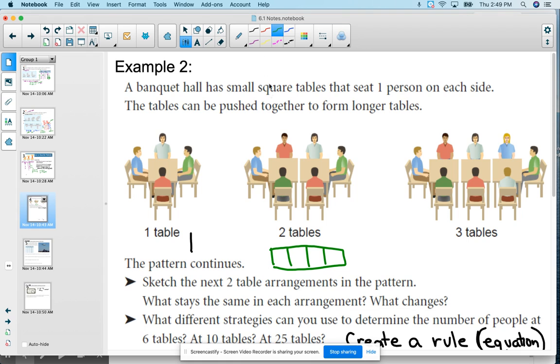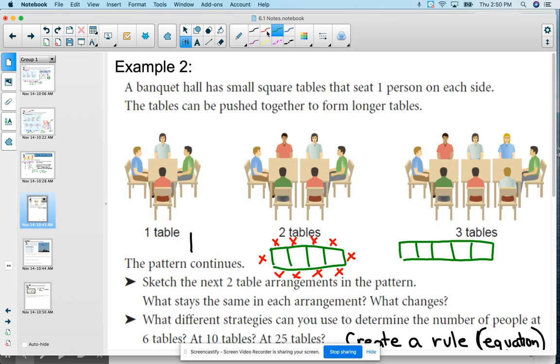That would mean that I would have a person here, here, here, here, here, and here. 5 tables, 1, 2, 3, 4, 5.